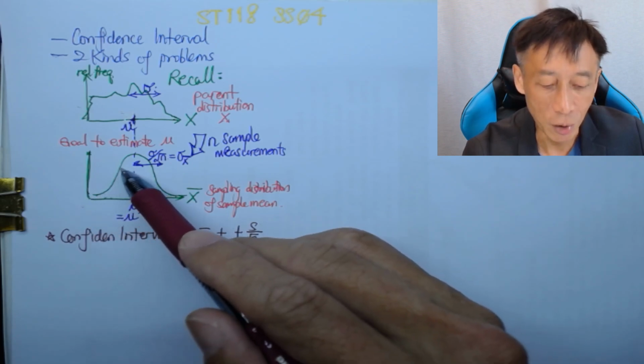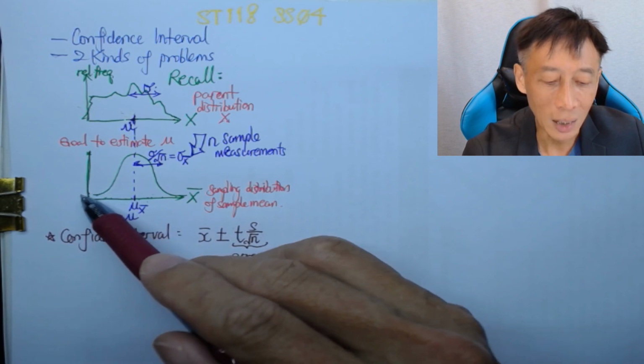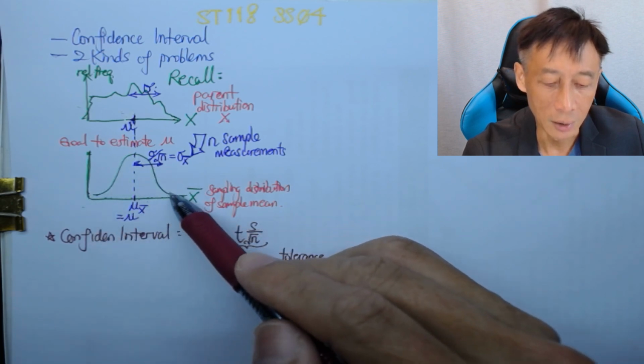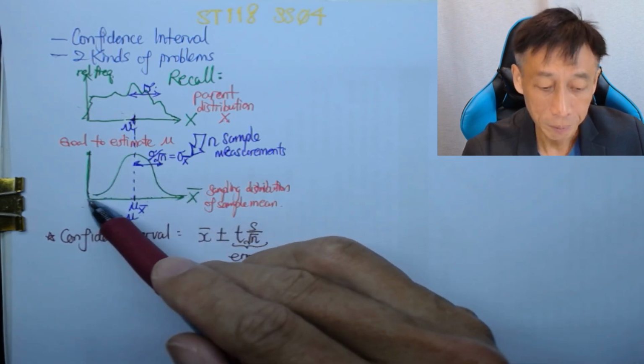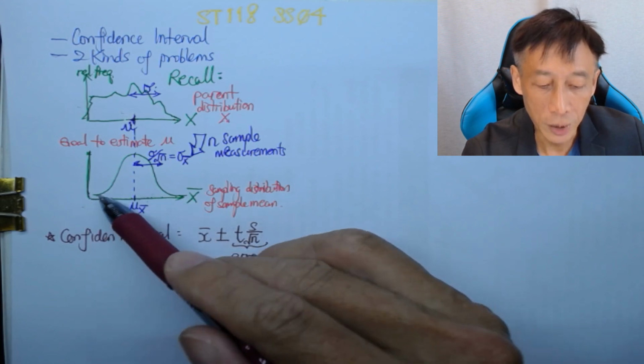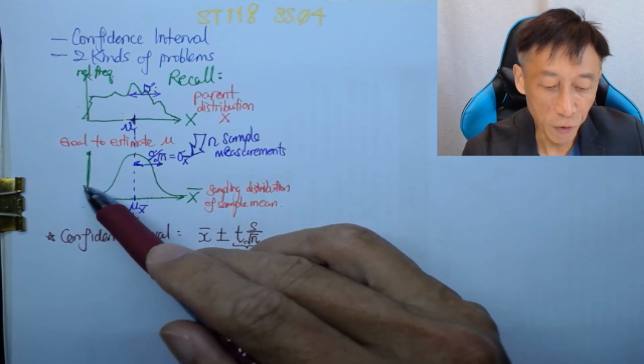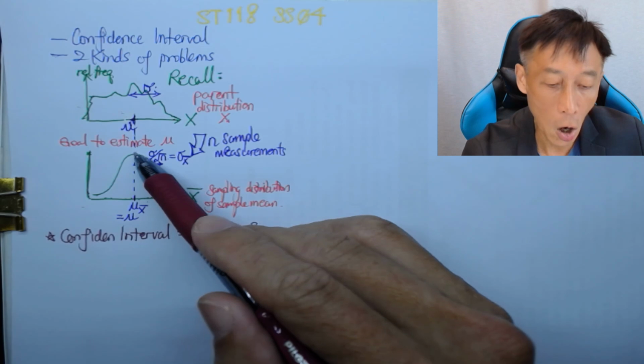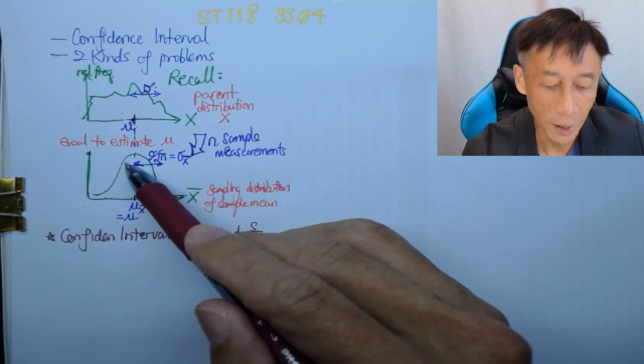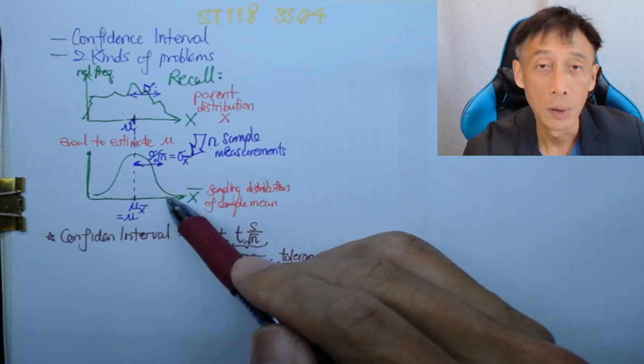So a large degree of freedom will make t look like a normal bell curve itself. A small degree of freedom will make the tail fat and the top here lower than the normal bell curve.